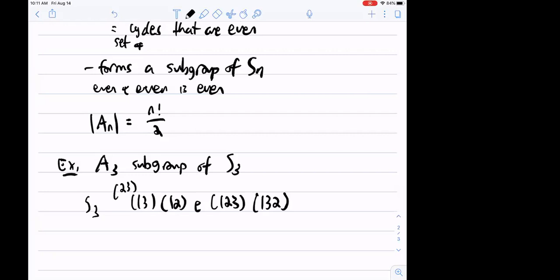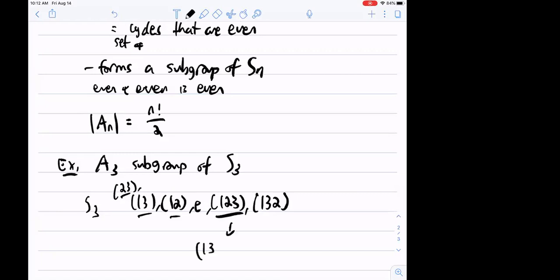Let me put commas. You see that these are not part of A3, because they're an odd number of transpositions. It's just one transposition, a 1-2 cycle.